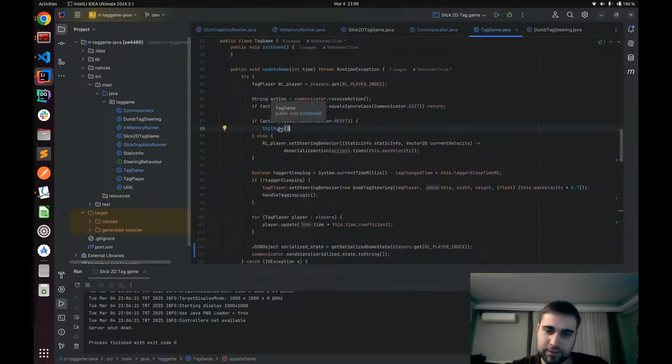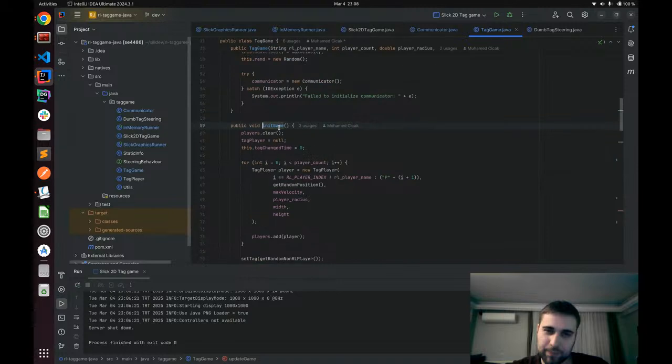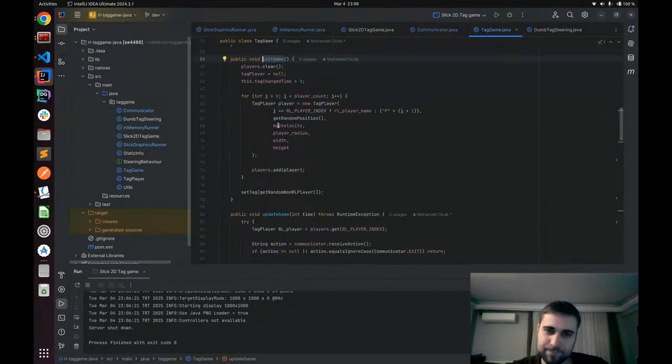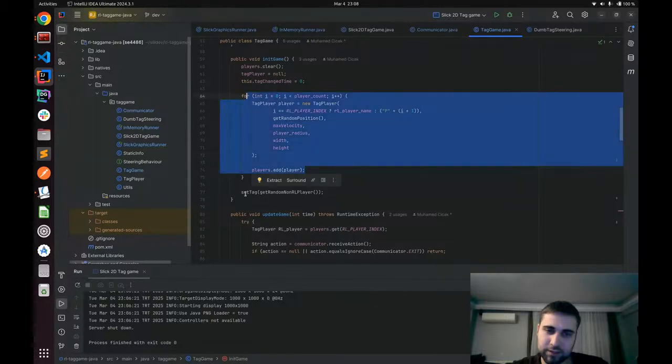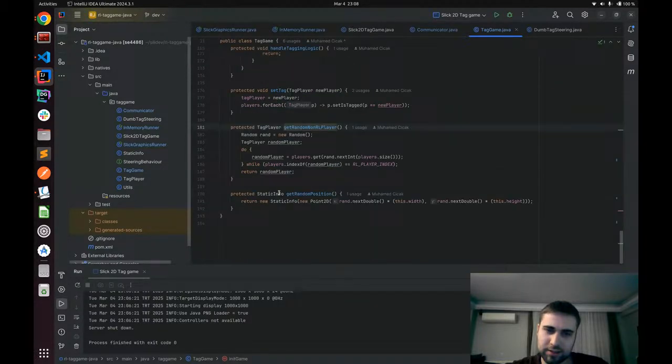So I would assume player count is 2. This is fine. Set tag. Does this not work? No, I specifically... That doesn't make any sense.